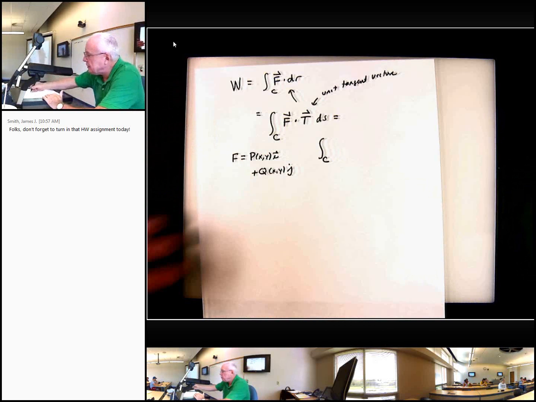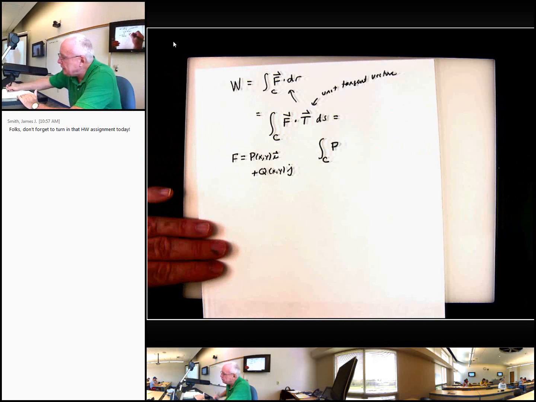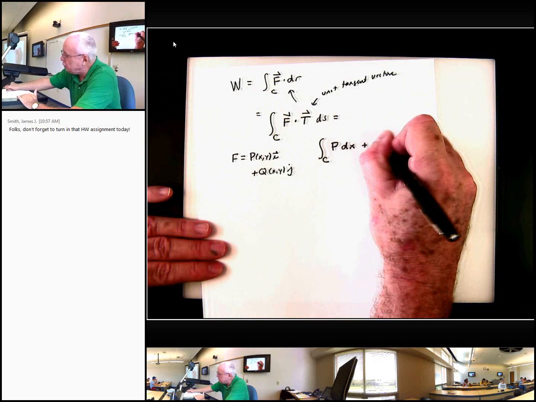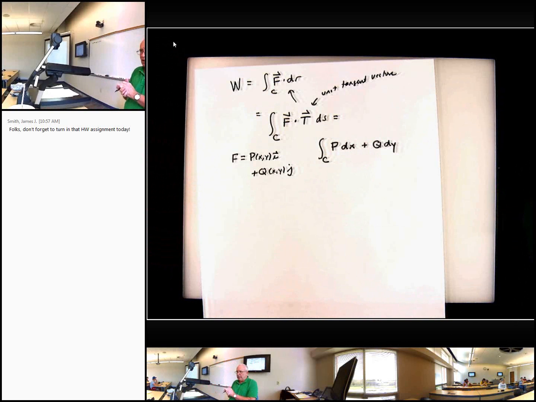We showed that this is equal to the first component function P dx plus the second component Q dy.